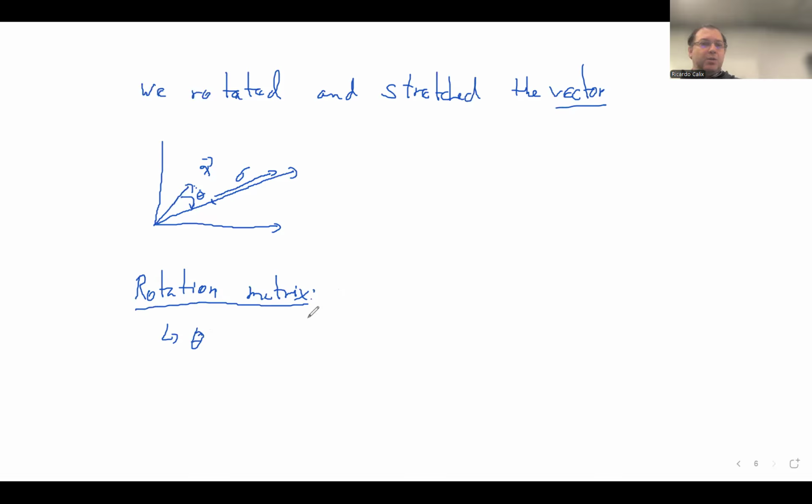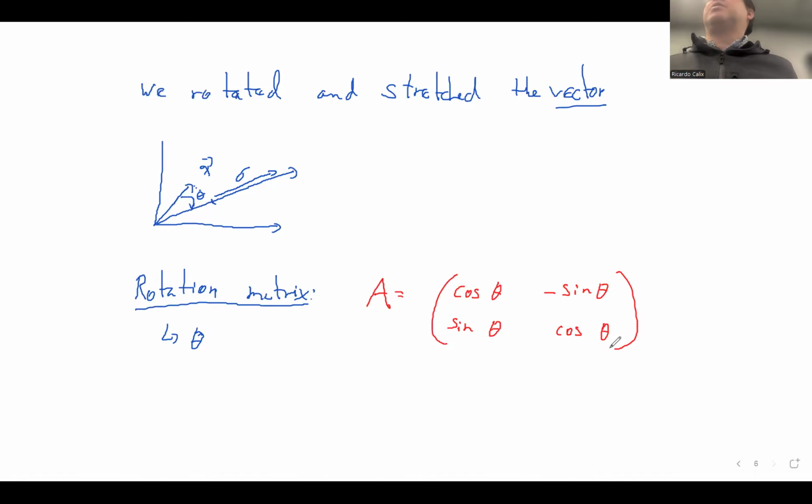So here we can use the classic example, A. It's going to be cosine of theta, sine of theta, minus sine of theta, cosine of theta. You guys probably remember this from some algebra class you took, the trigonometry.